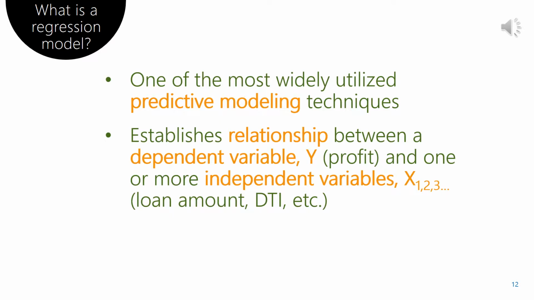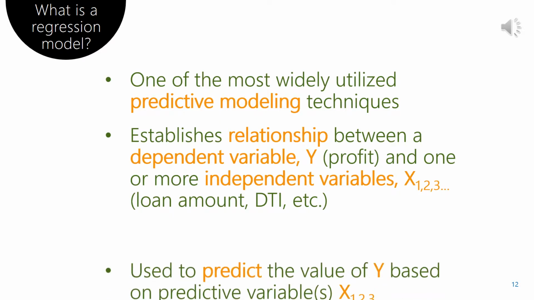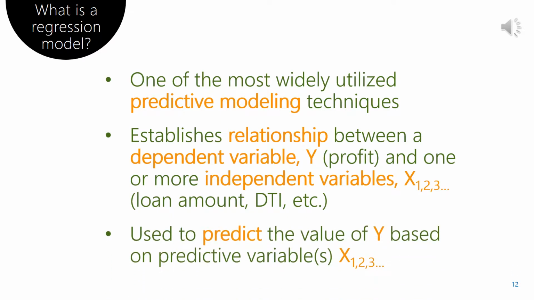This could be the loan amount, DTI, etc. Ultimately, the regression model is used to predict the value of y based on your predictive variables. So for our project, we're looking to predict profit based on loan type and borrower attributes.